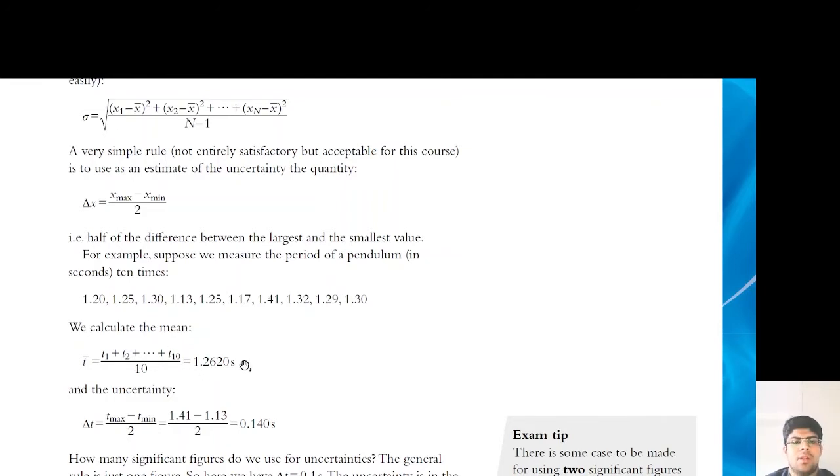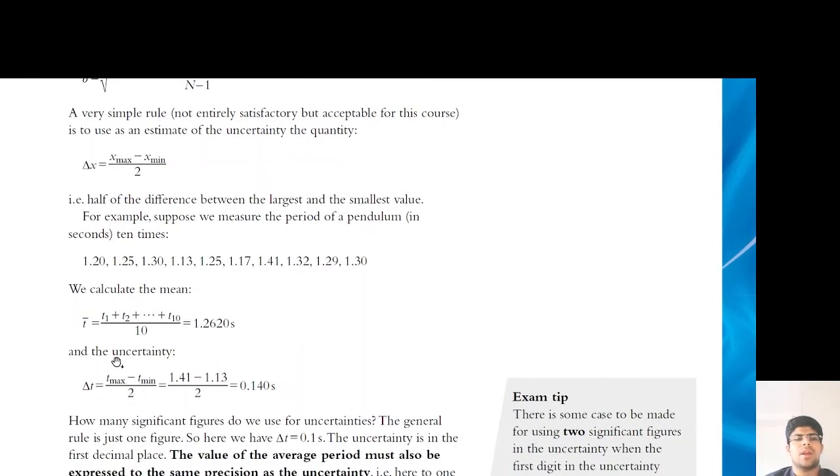And the uncertainty: what is the maximum value? 1.41 is the maximum value. And the minimum value is 1.13, and dividing the difference by 2, we get 0.140 seconds.